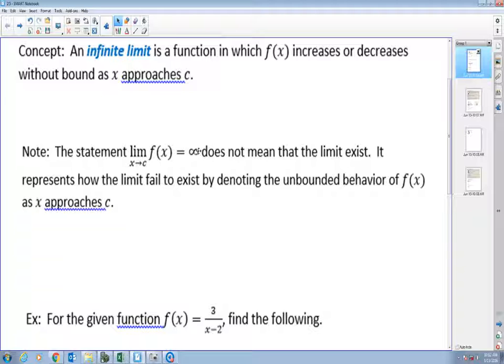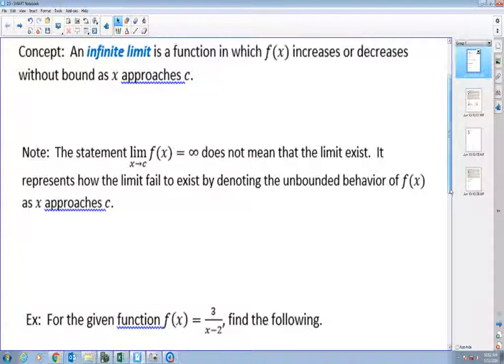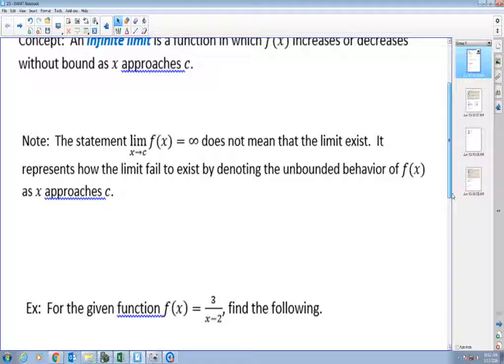When we write infinity, we just represent how the limit fails to exist by denoting the unbounded behavior. So whenever I write infinity or negative infinity, all I'm doing is writing down the unbounded behavior. The actual limit does not exist.